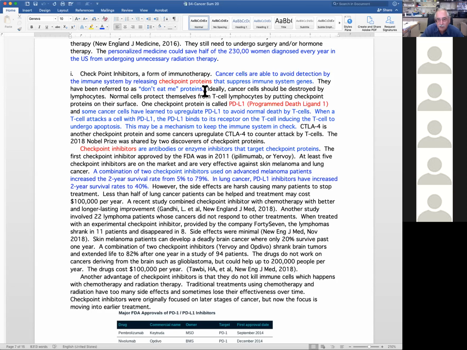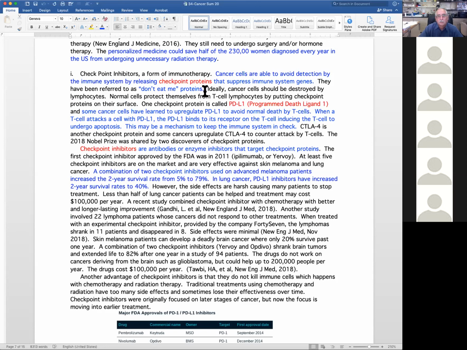Sometimes cells will protect themselves against overactive T cells by putting checkpoint proteins out there. So the T cell comes along, okay, am I going to destroy you? No, you have this protein, you're okay. So the cancer cells have produced a whole bunch of these checkpoint proteins.